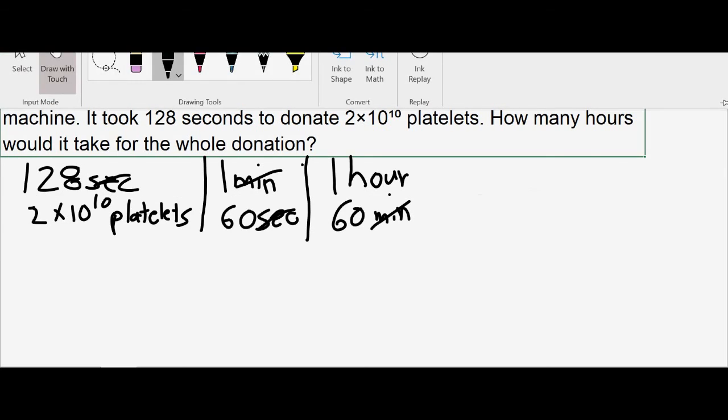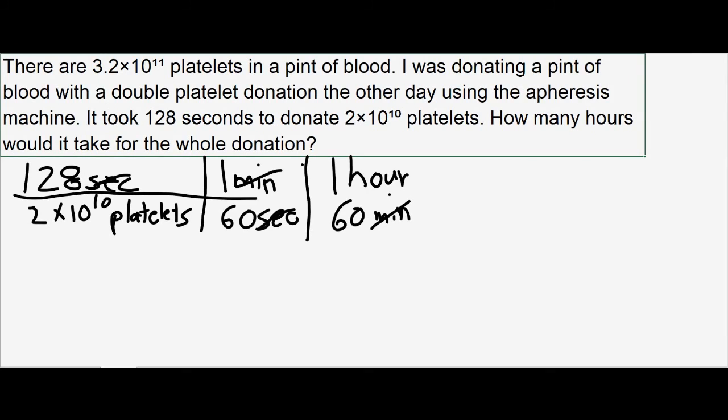Didn't want to erase the whole thing. There we go. And I'm going to end up with that 10 to the 10th is actually going to end up being 10 to the negative 10th.